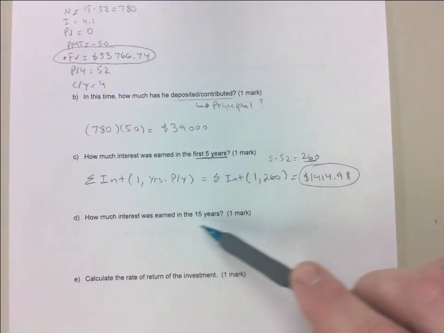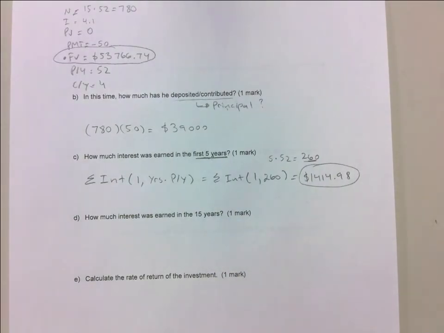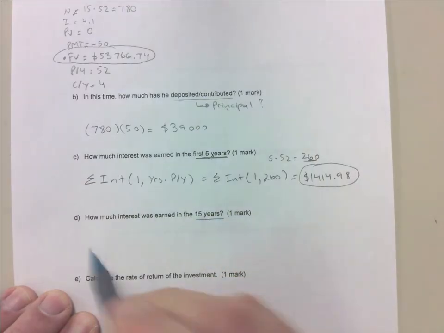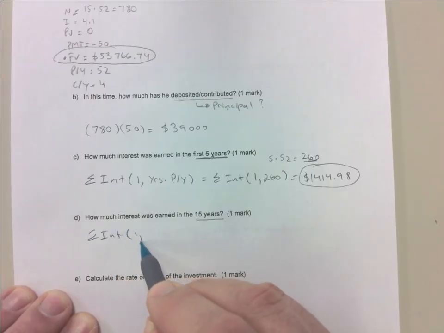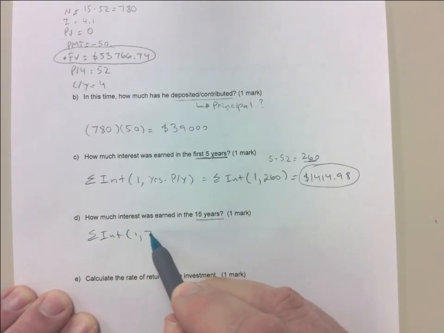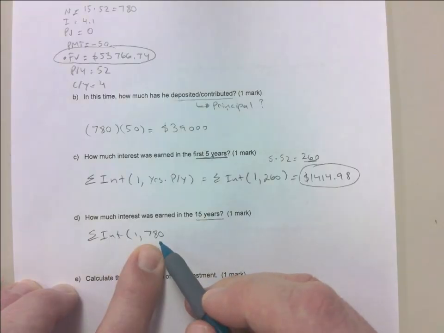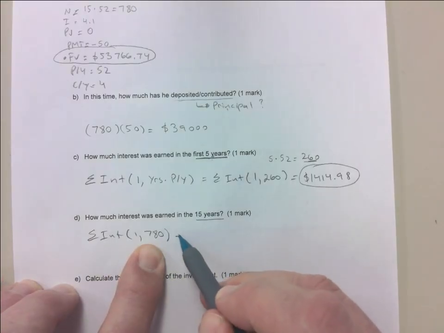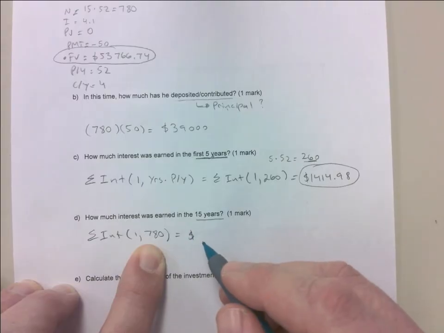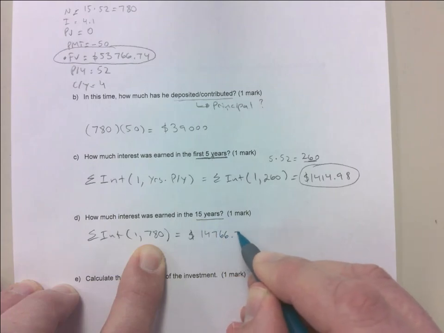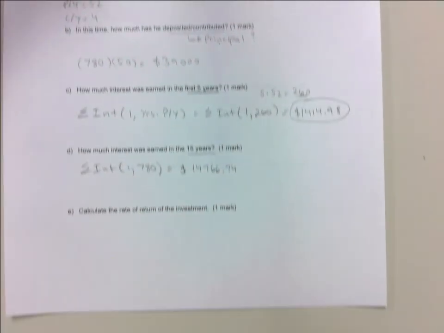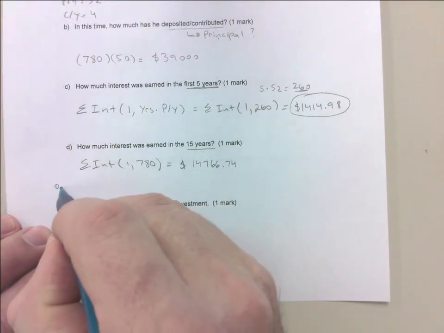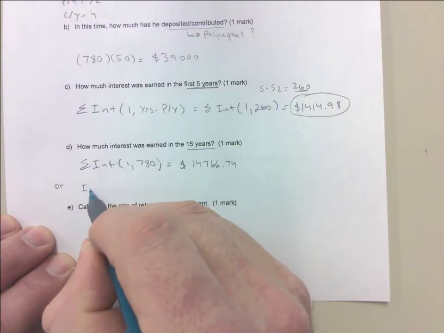How much interest was earned in the 15 years? So this is the entire investment. So we go sum of interest, 1 to 780. 15 times 52 is 780. So you get $14,766.74. Or you may use the formula.